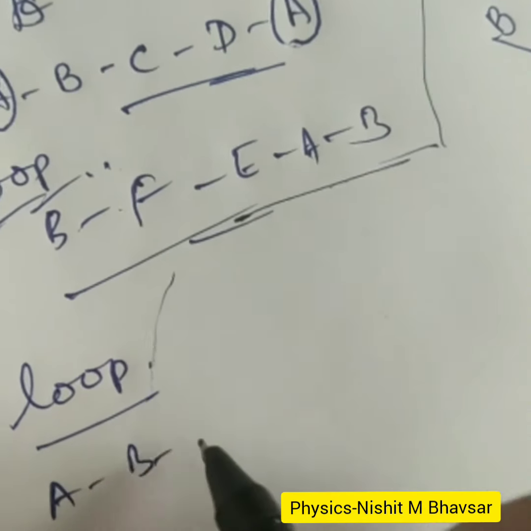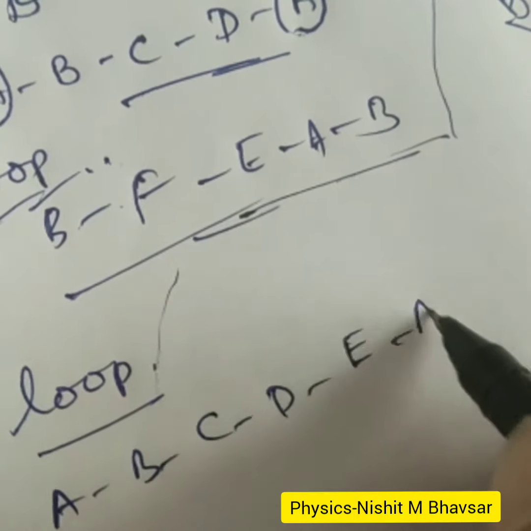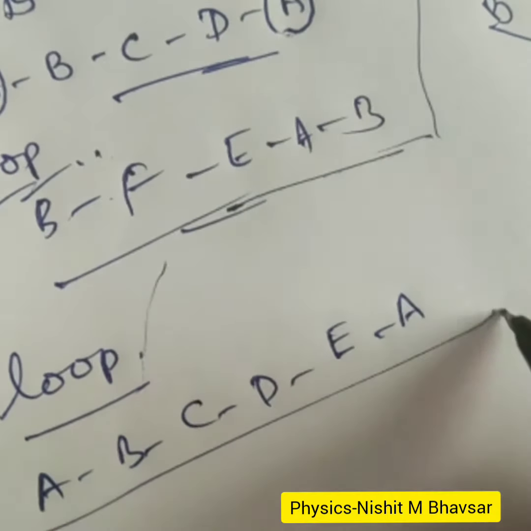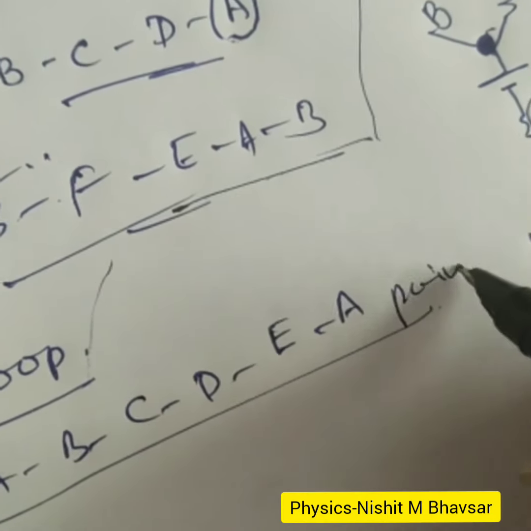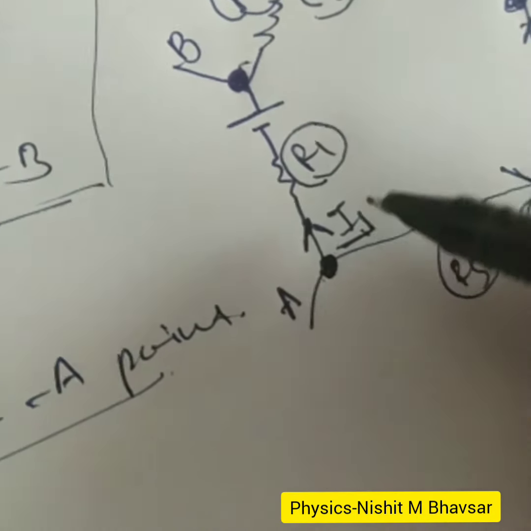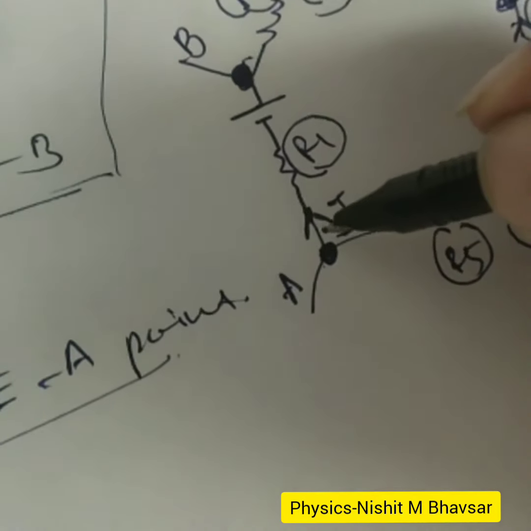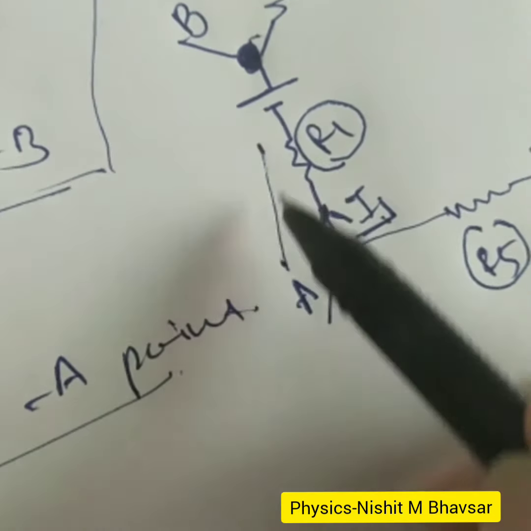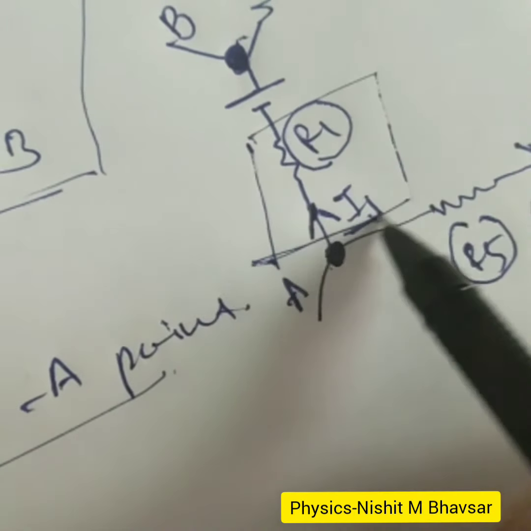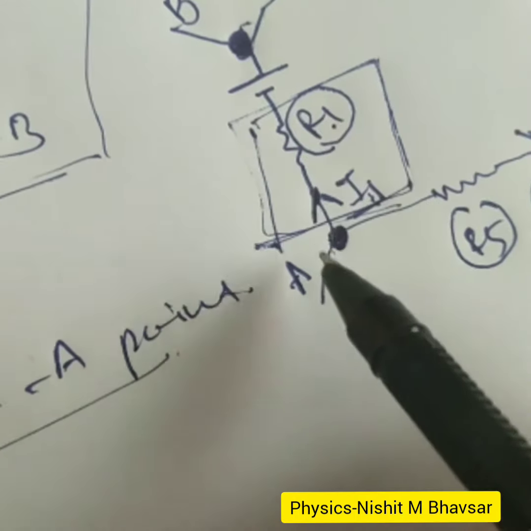So first we go from A to B. In this way, we first have I into R, I1 into R1.